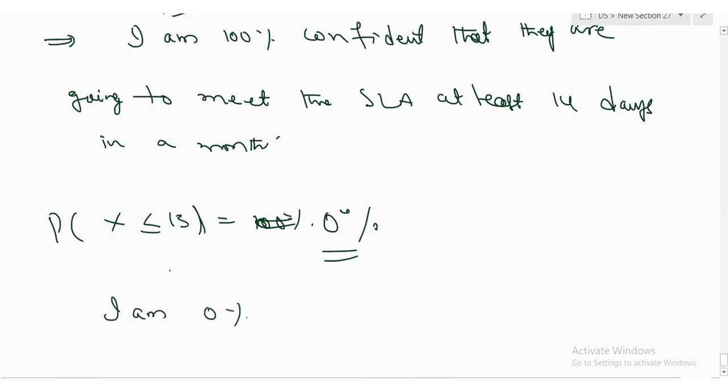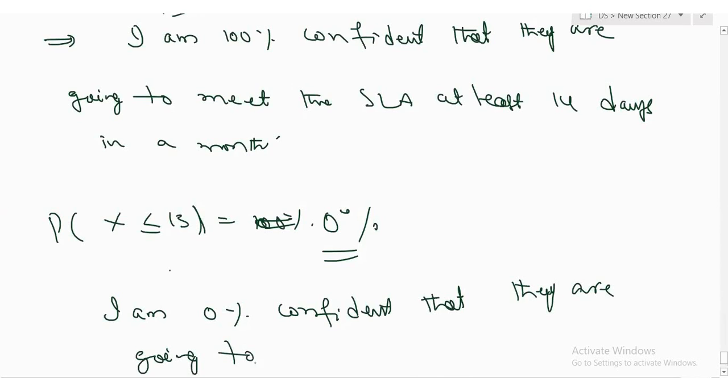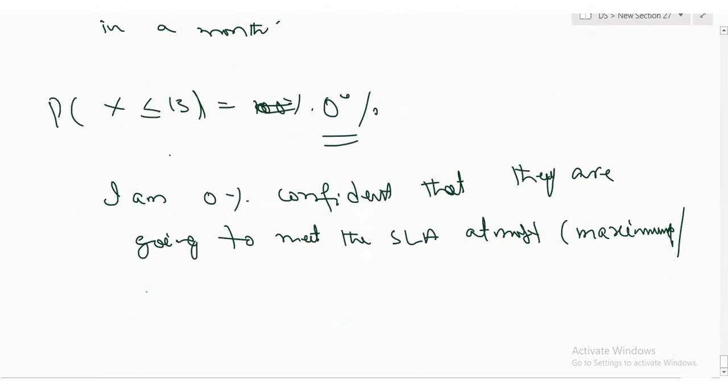I am 0% confident that they are going to meet the SLA at most, or maximum, let me put it, maximum or up to 13 days.